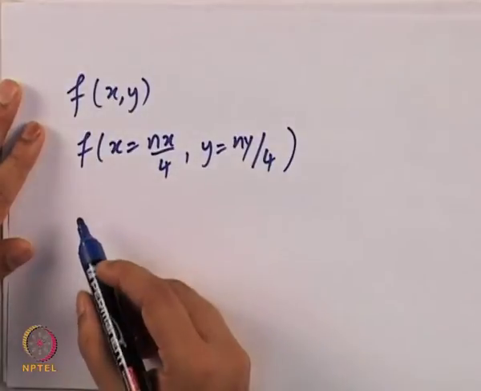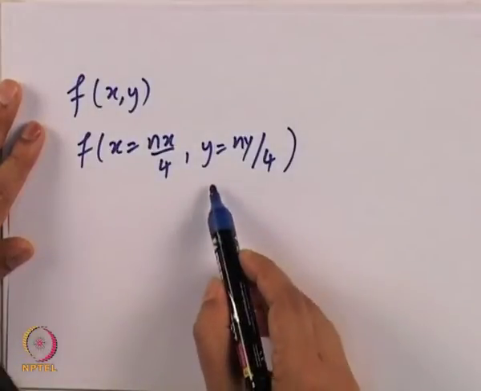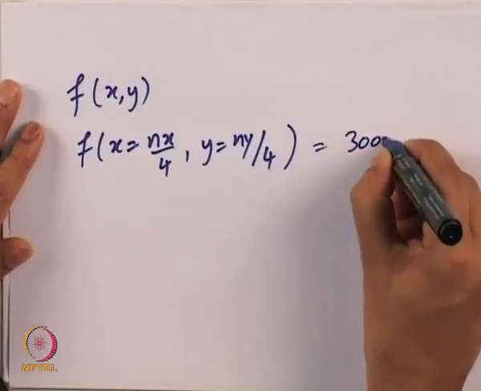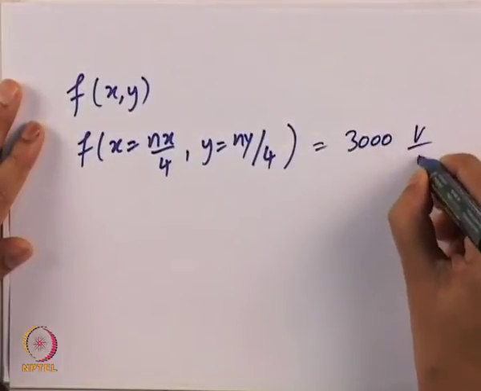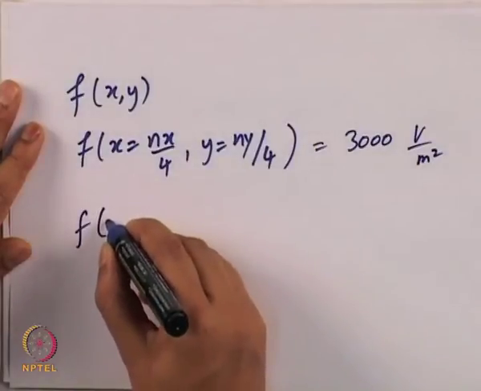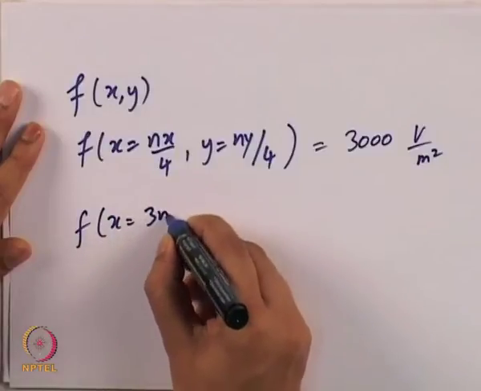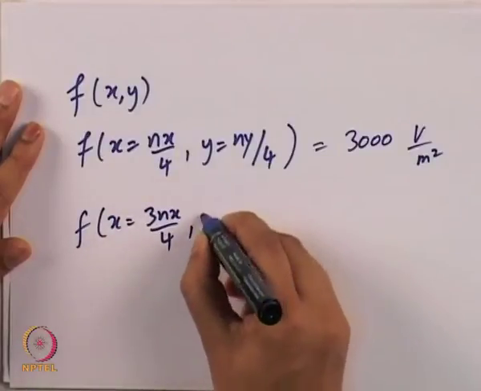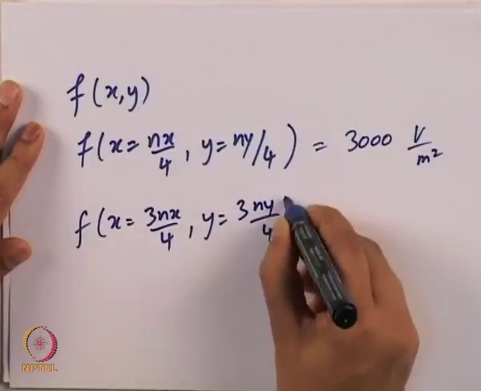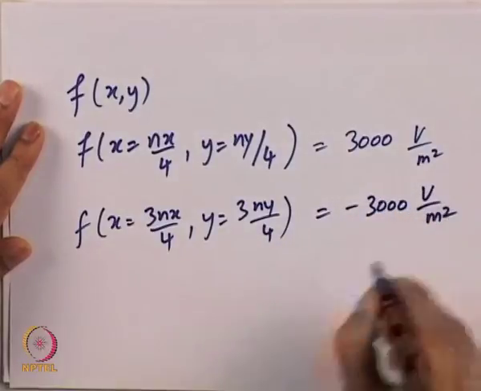The first point is x equal to nx by 4 and y equal to ny by 4, where we set the value as 3000 volts per meter square. Another point is x equal to 3 nx by 4 comma y equal to 3 ny by 4, with the value minus 3000 volt per meter square.